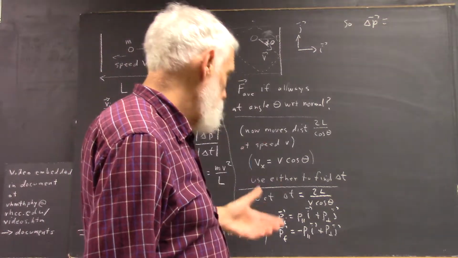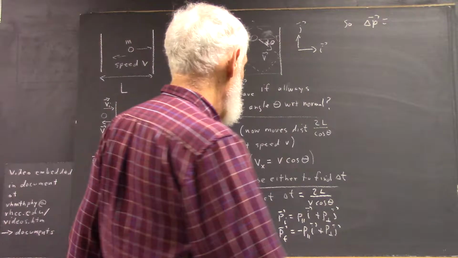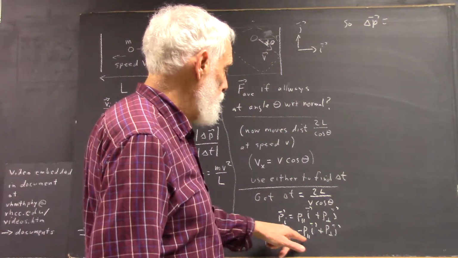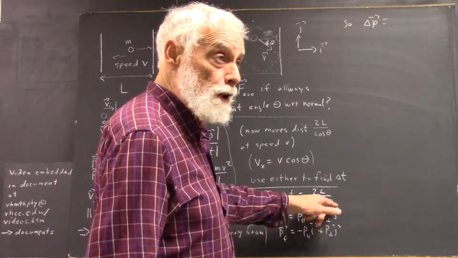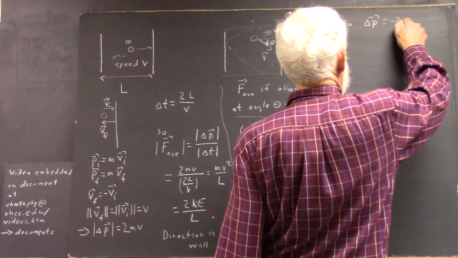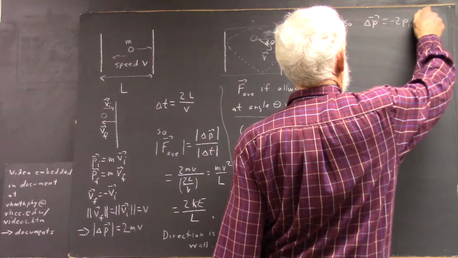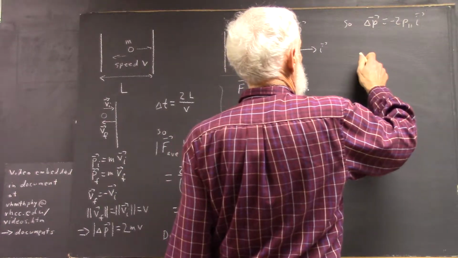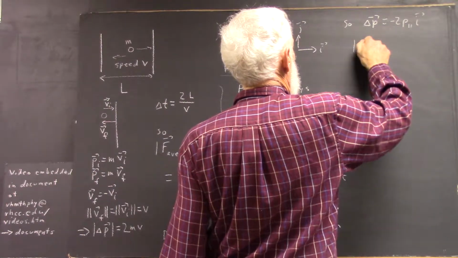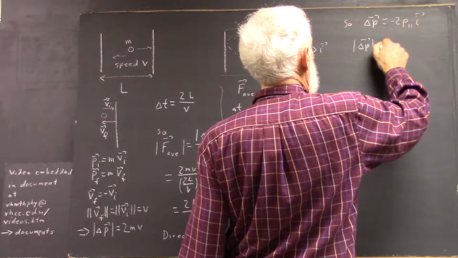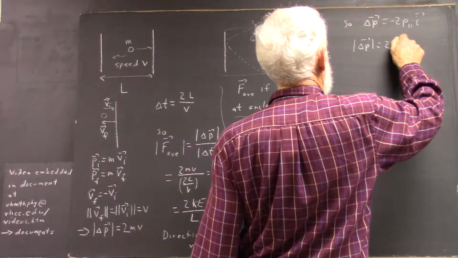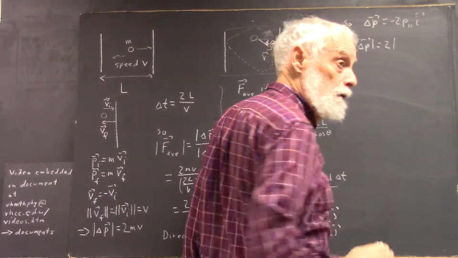The upshot of that then is the change in momentum is, well, if you subtract this from this, you get negative p parallel i, and the j components go away. So you get negative 2p parallel i. So the magnitude of delta p is 2 times the magnitude of p parallel.